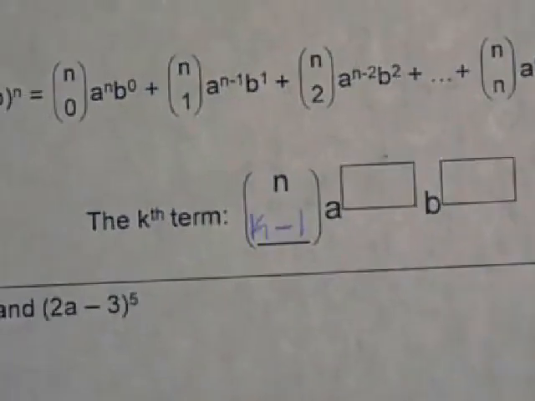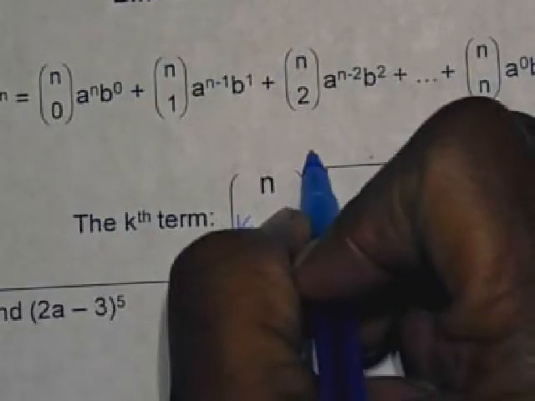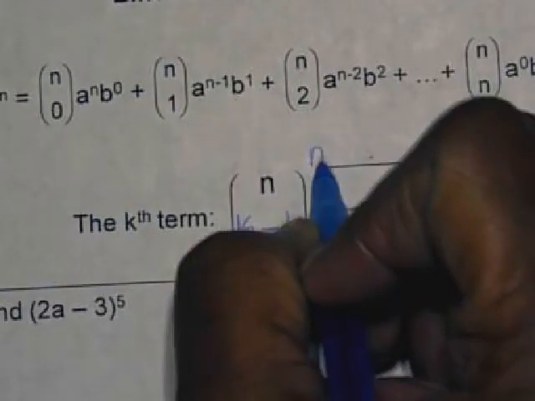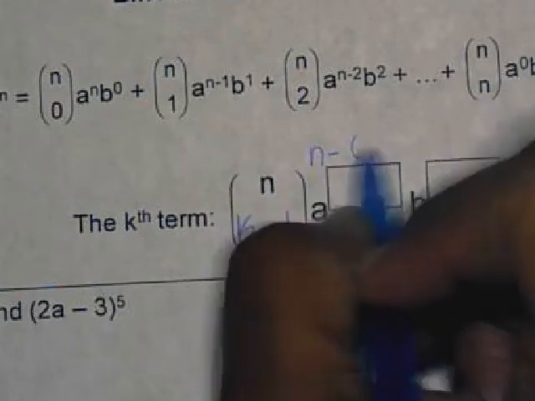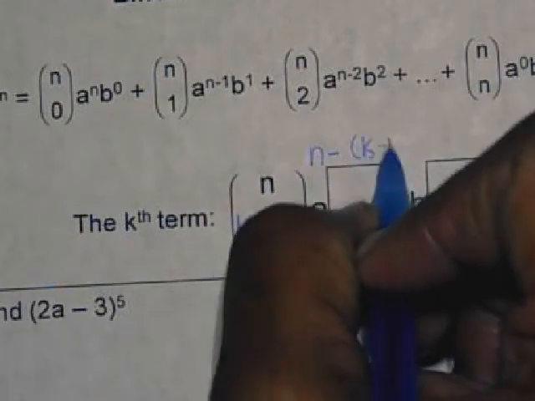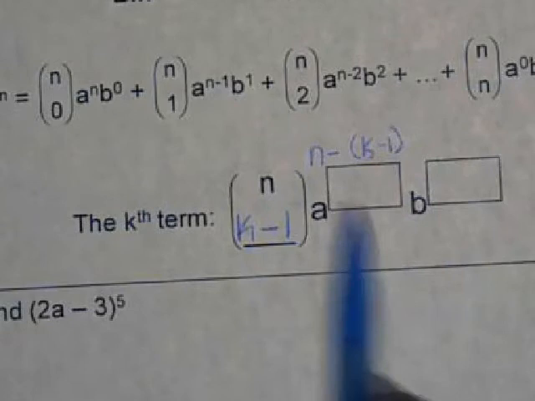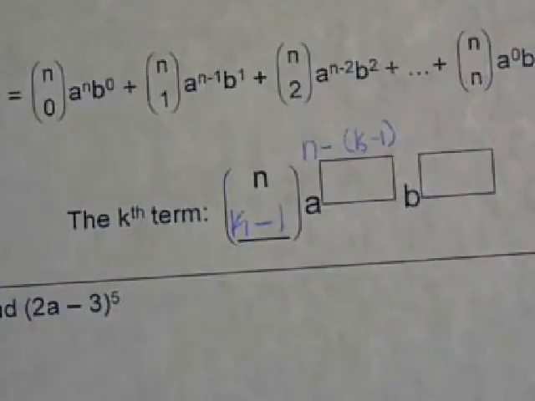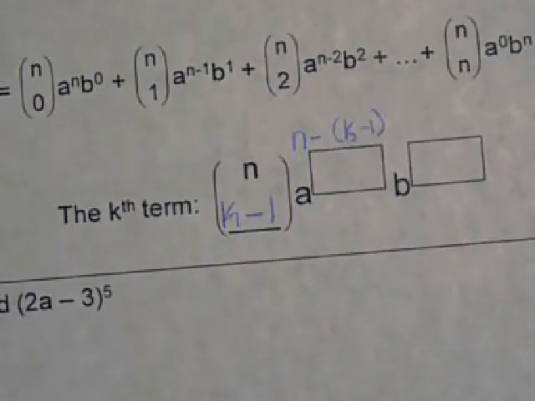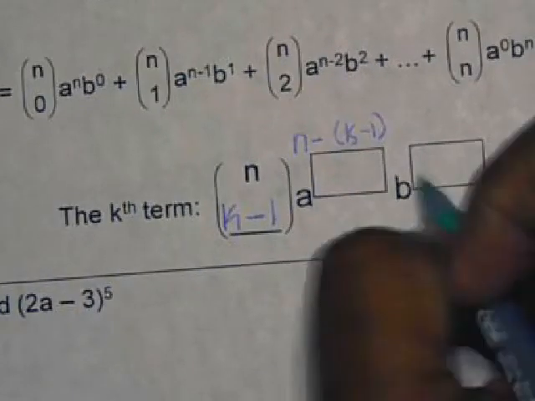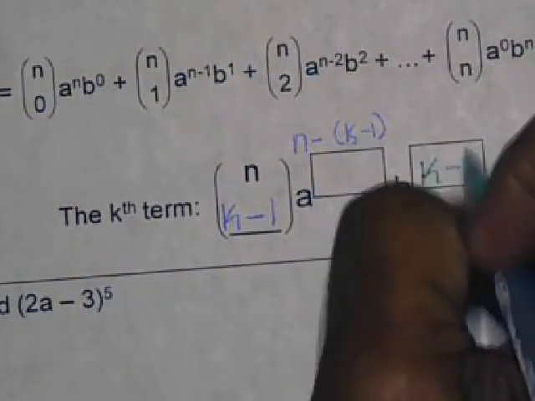Let's zoom in there so you can see it. So this will be n minus k minus 1. That's a to this power, and then b to the k subtract 1.